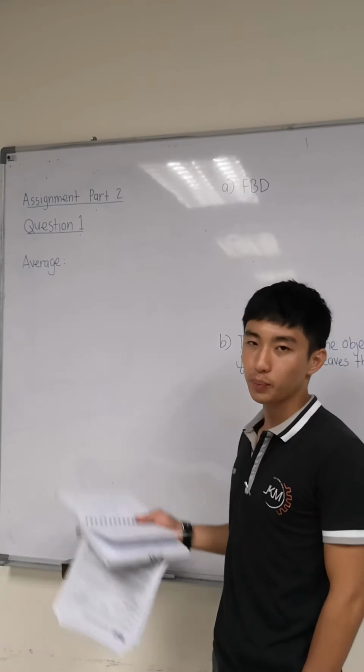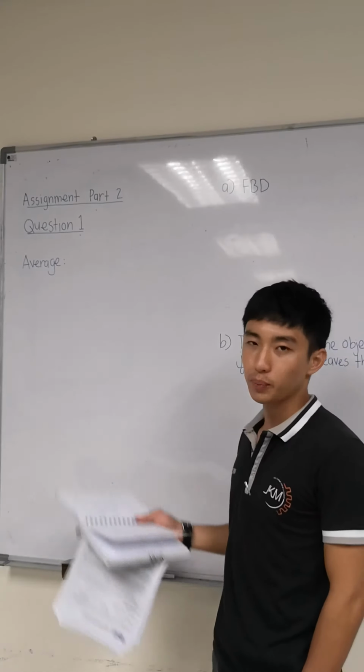The object at A has its weight mg, then we have velocity vB and the normal force N. The height here, y naught, is equal to 1 meter. This is the FBD, the free body diagram of the question.